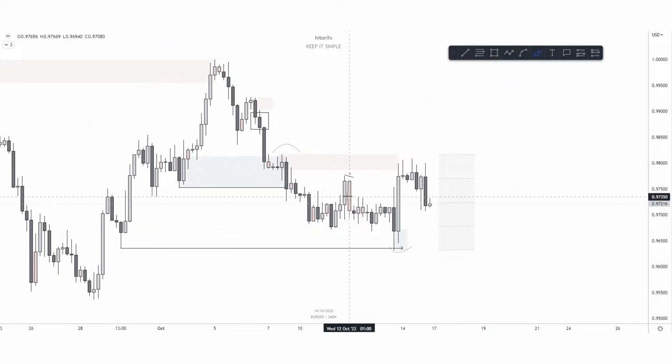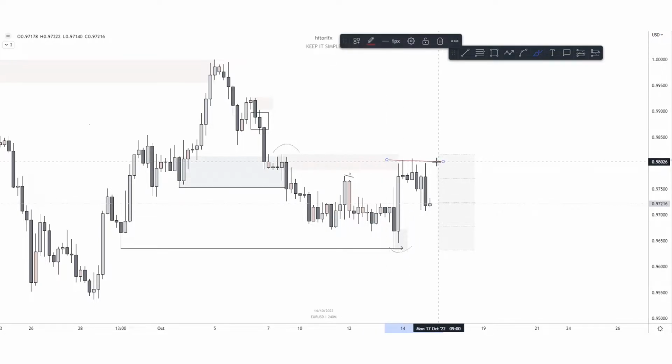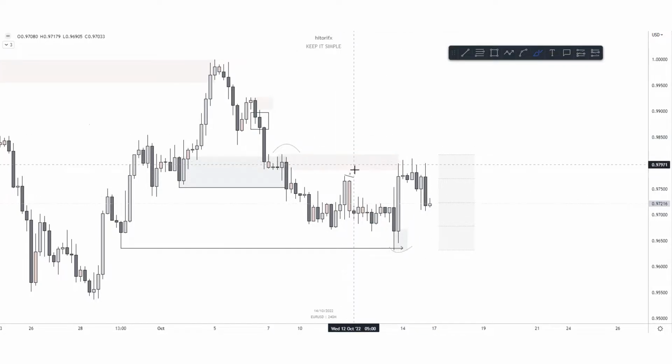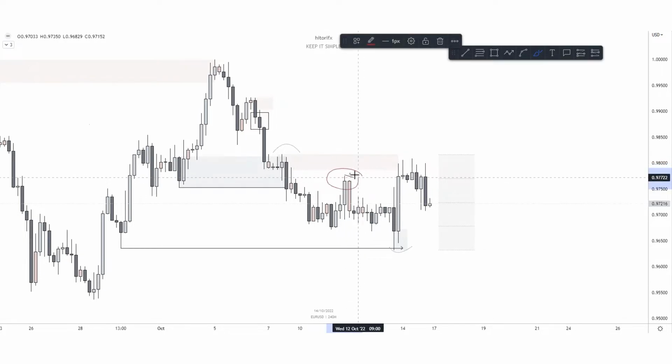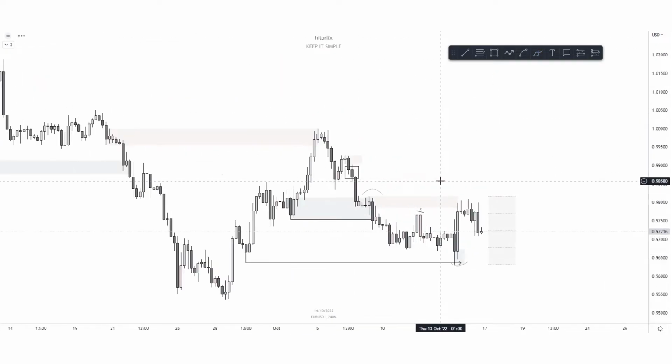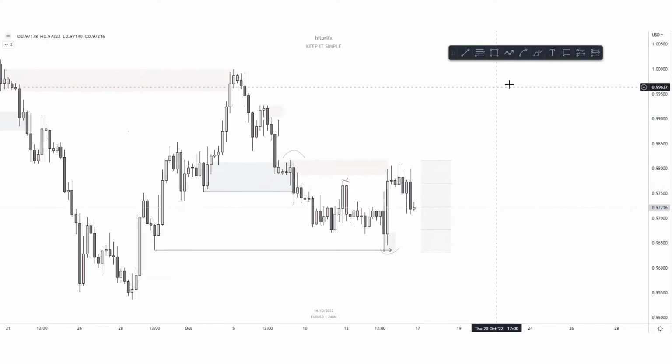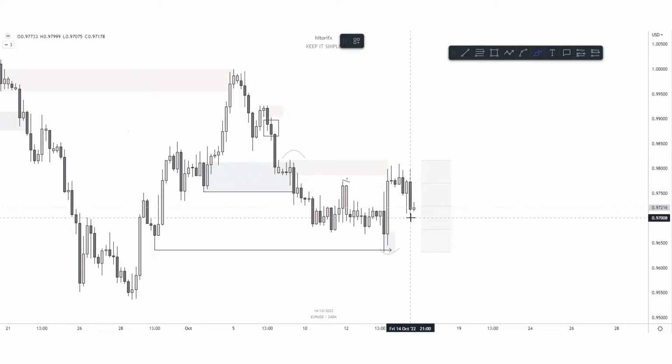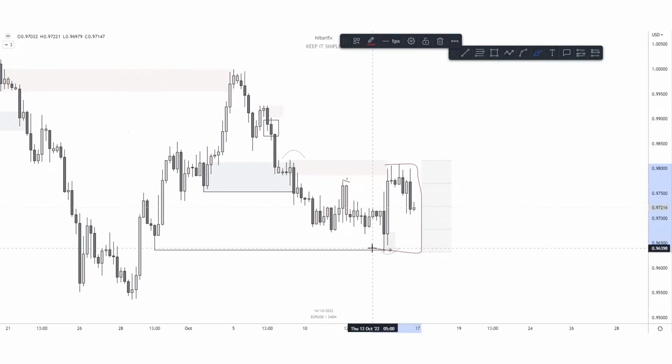So currently we are reacting to this H4 supply, and this is what could be inducement. We set this and now we're heading bearish again on the H4. As of the moment, I'm expecting price to play out this mini range in itself.